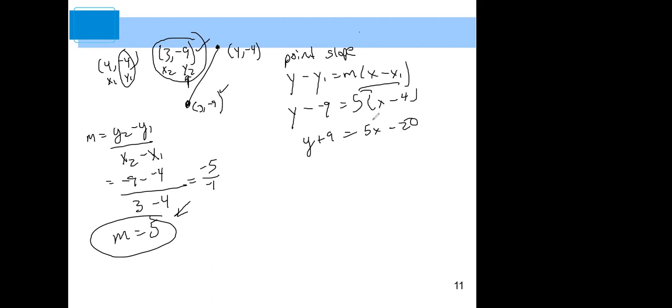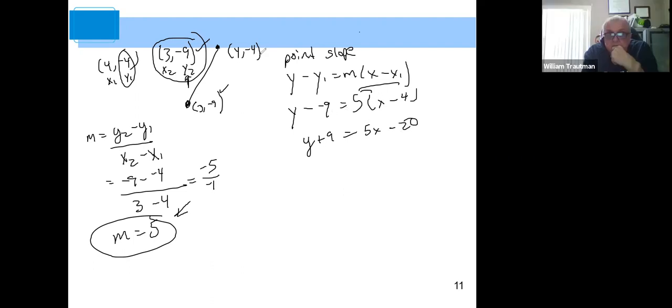Wouldn't it be 3 x minus 3, since you're using the 3, -9? Oh, yes, thank you. So there should be a 3 there, so that should be 15. Yeah, that would have messed everything up. Take the -9 to the other side.